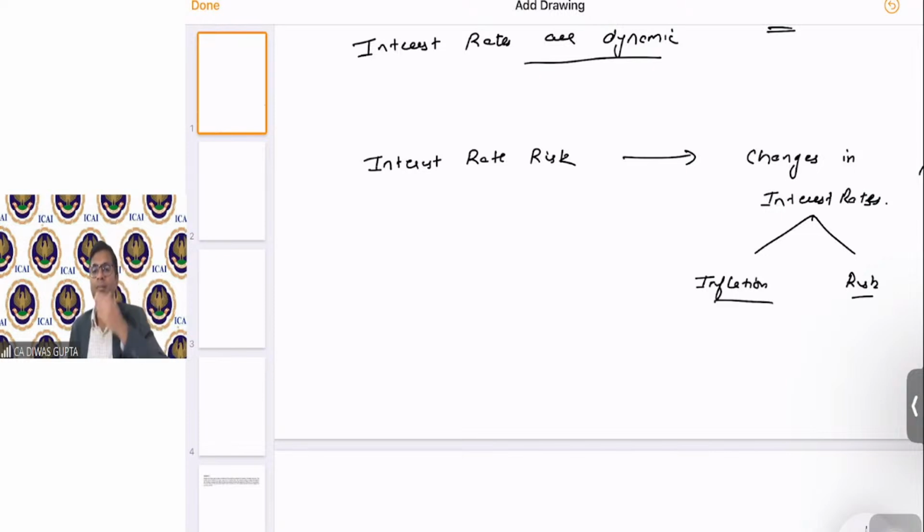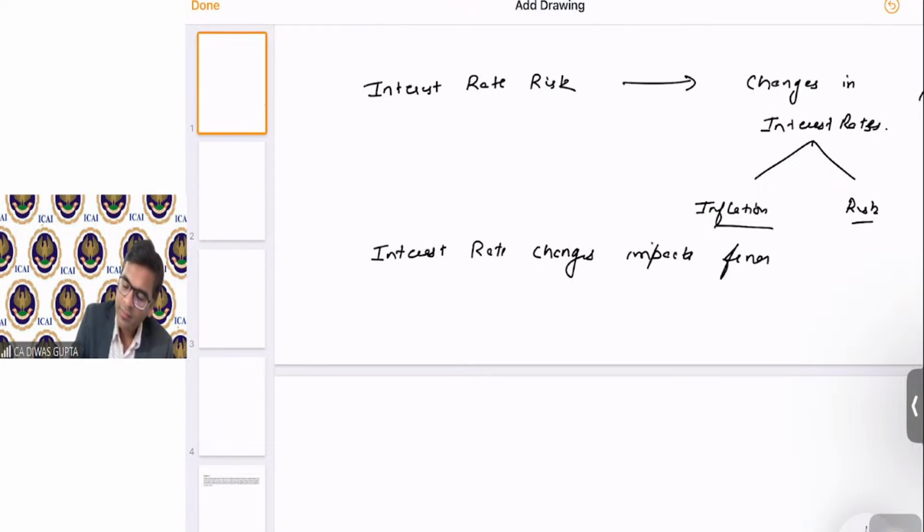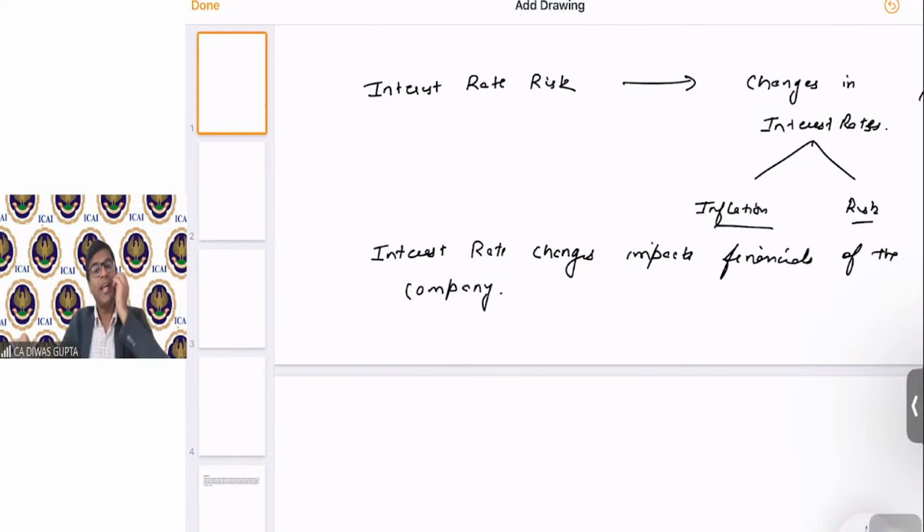Because of these, the changes will happen. And as I told, these will impact the financials. So interest rate changes impact the financials of the company. And this is true for any company, students.